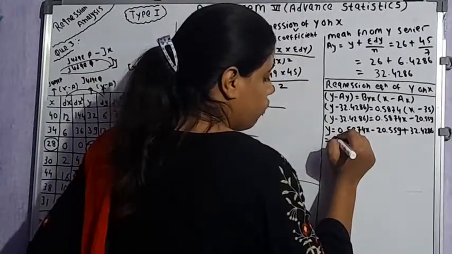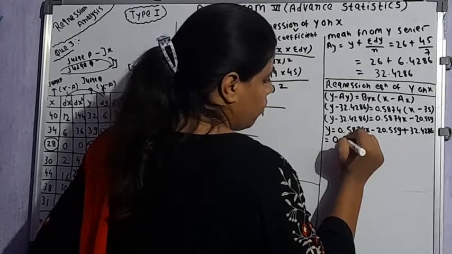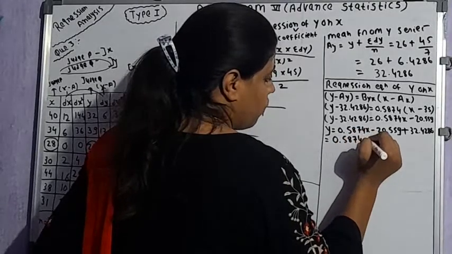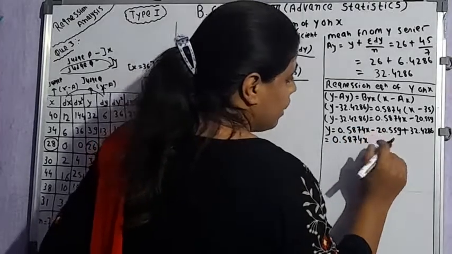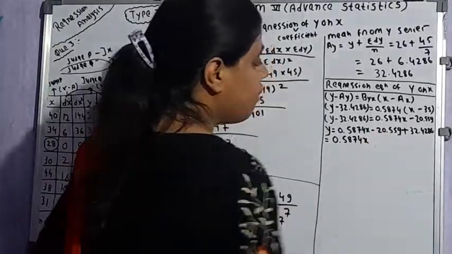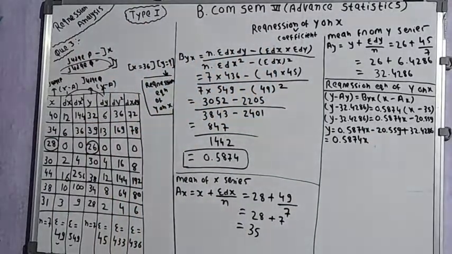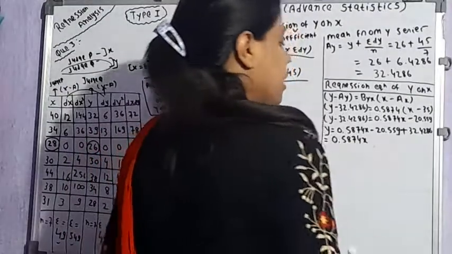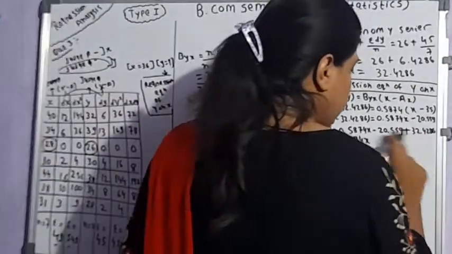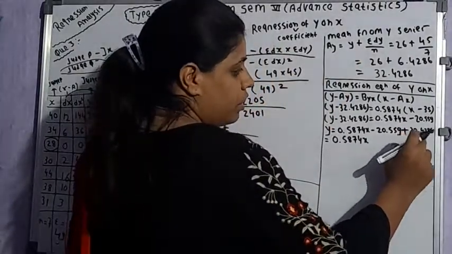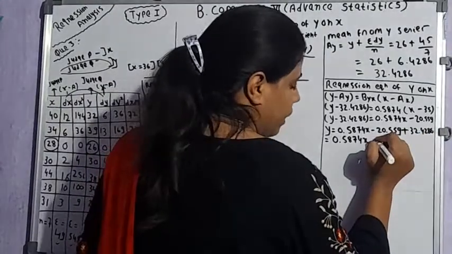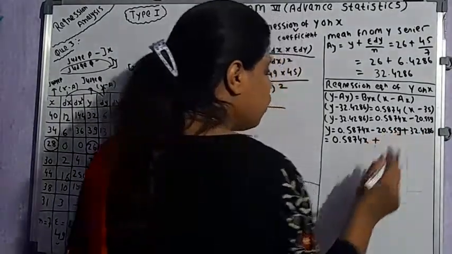Now we have to perform further calculation. 0.5874x minus 20.559 plus 32.4286. Between plus and minus, we take the sign of the bigger number. What is the big number? 32.4286, so it is in plus. That is why the sign is plus.